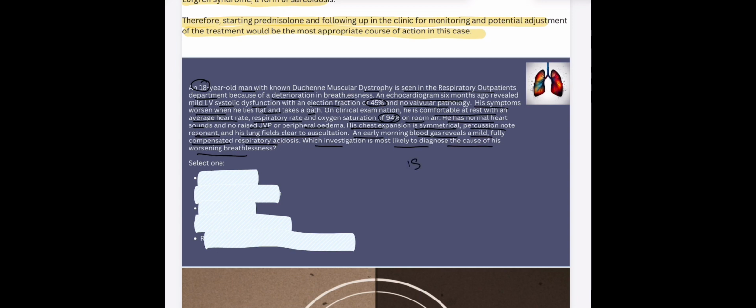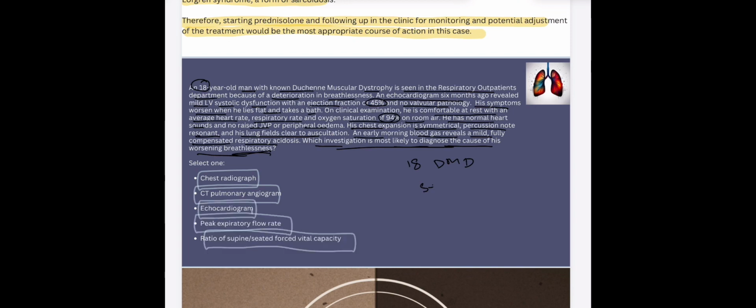So, young, 18 years old with Duchenne muscular dystrophy, coming with breathlessness. And the question is which investigation should be done to find out the cause of breathlessness? Chest radiograph, CT pulmonary angiogram, echo, peak expiratory flow rate, or ratio of supine to seated forced vital capacity.